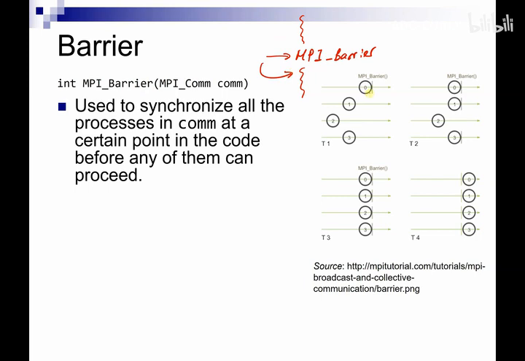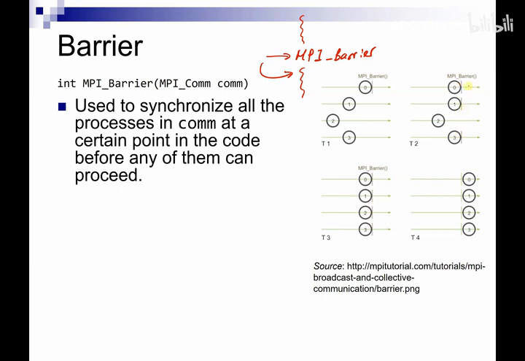Here's a visual representation. Suppose that we have this barrier at some line of code. Maybe process 0 is the fastest process, so it's the first to reach the barrier. After that, processes 1 and 3 reach the barrier, and then process 2 reaches the barrier. When they reach the barrier, these processes are going to wait at the barrier.